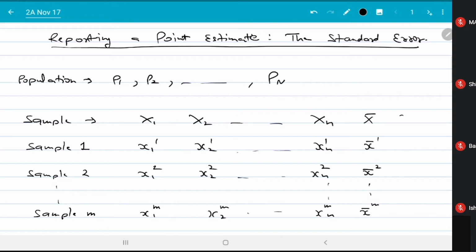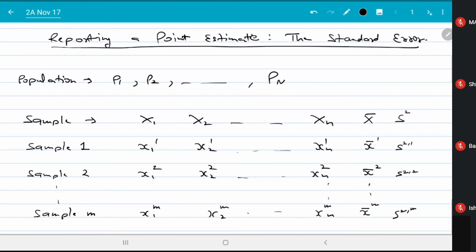We can also have sample variance, where S square means that we're dividing the sum of squares of deviation from the sample mean by n minus 1, not n. So I'm putting 1, 2, m to denote that these are particular values obtained from the samples.